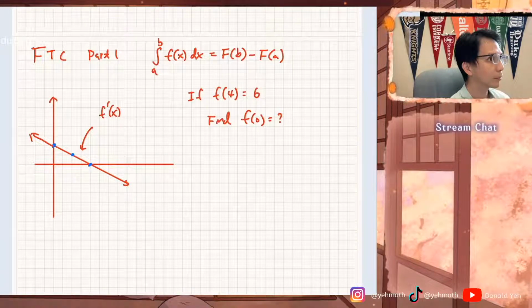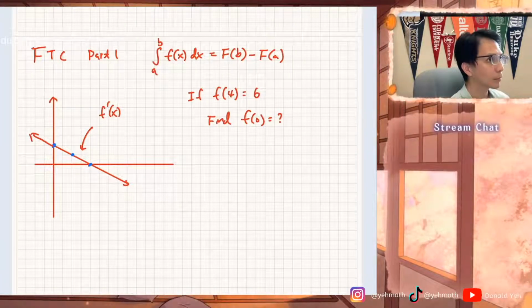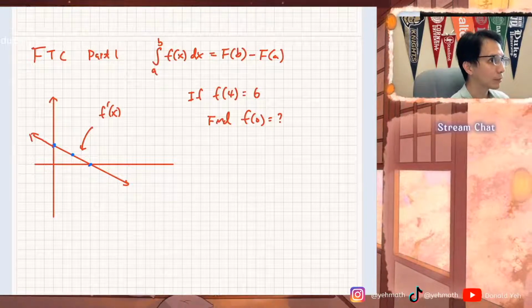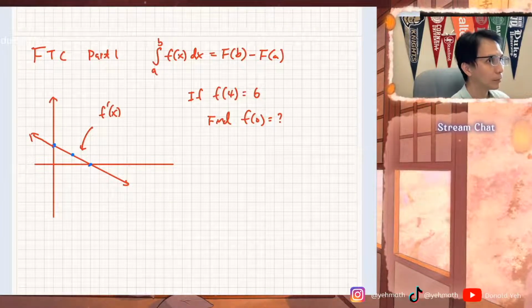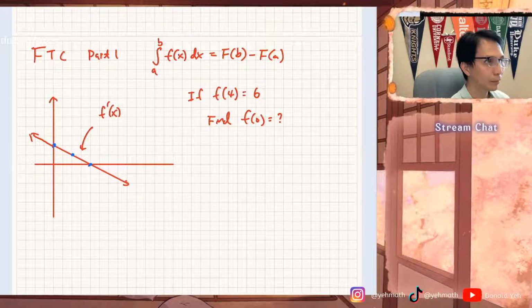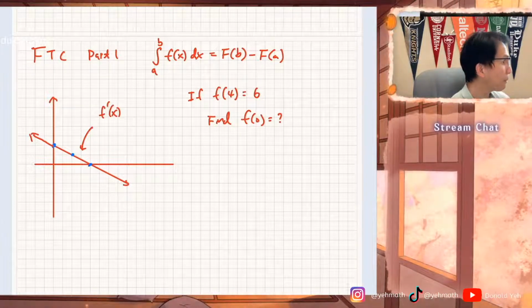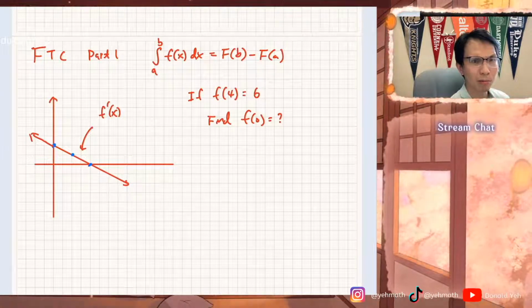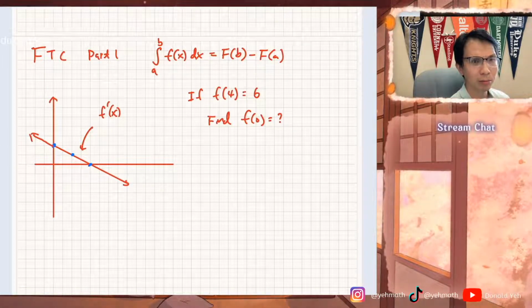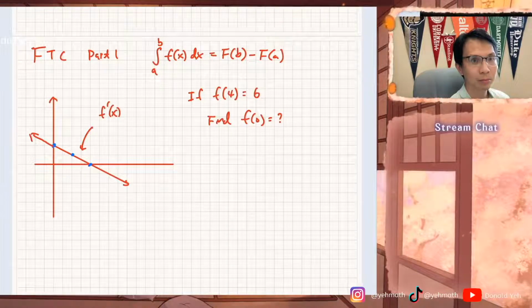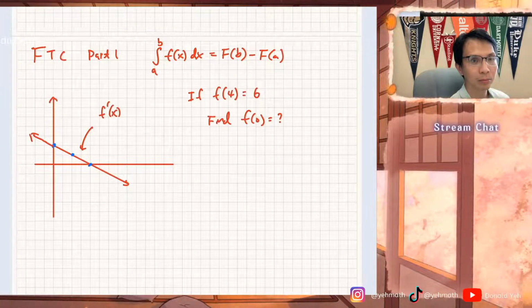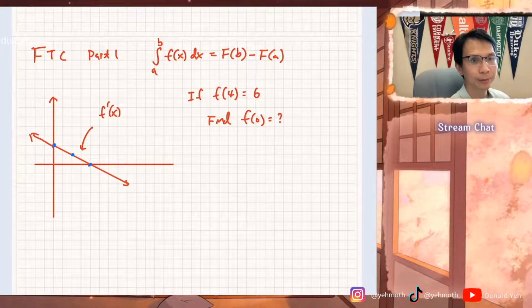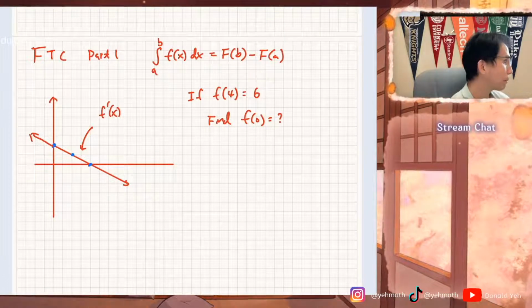The integral of that is negative 1/4 x squared plus 2x plus C. Yeah, negative 1/4 x squared plus 2x.